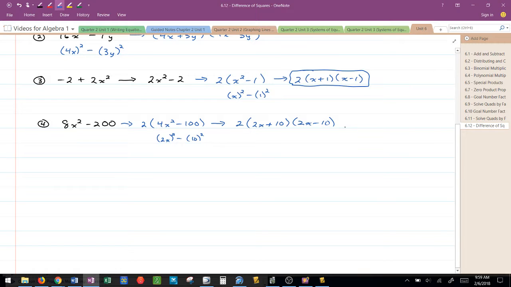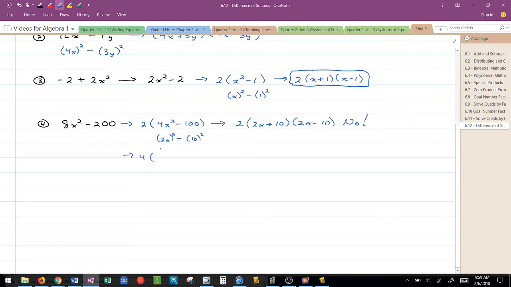But wait a minute. That doesn't seem like that's right. Maybe I should have pulled something else out. Yes, you could have pulled something else out, but this is also going to be good enough factored form. Or is it? The answer is no. The reason why it's not is because what I should have done originally back here was factor out a 4.